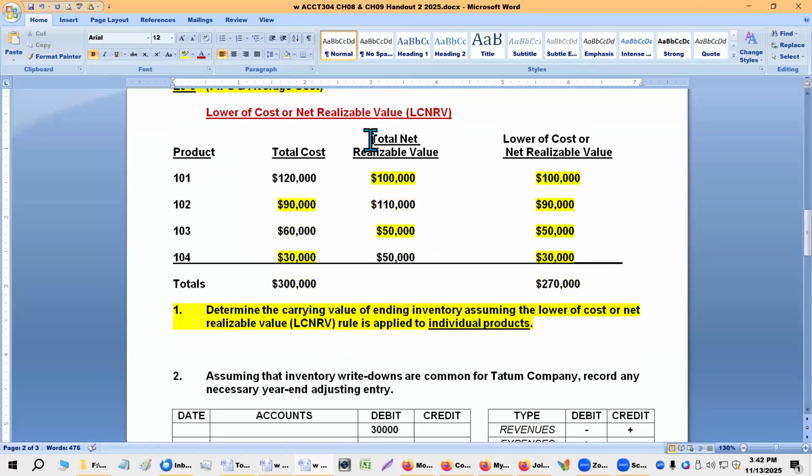So if these would be sold for 105,000, and then there's 5,000 of selling costs, maybe commissions or something, that would bring it down to 100,000. So whatever it costs to actually sell it, which is a little bit strange if you ask me, because usually we separate out the selling costs from the product costs.